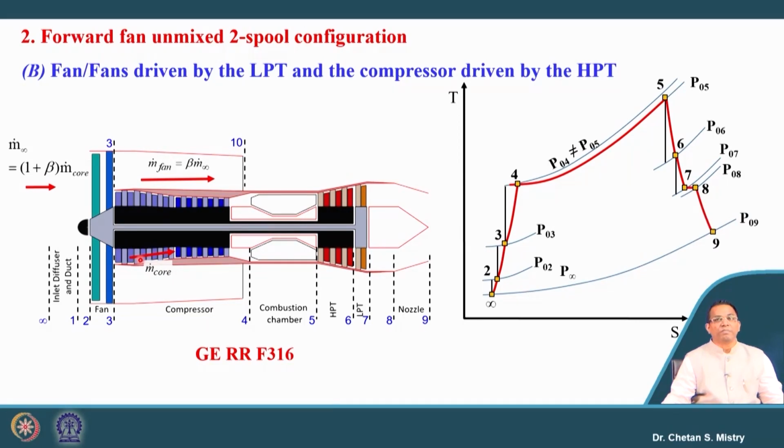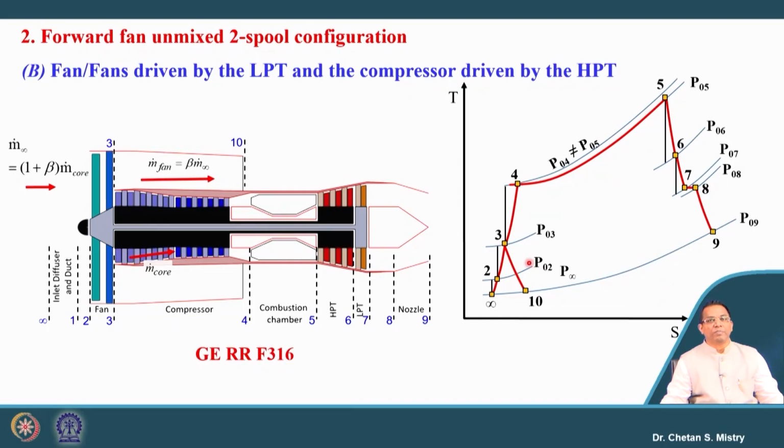And this is representing the expansion which is happening in the turbine nozzle from process 8 to 9. Similarly, in this case we have another nozzle, that is with the fan, and this expansion is represented from process 3 to 10.